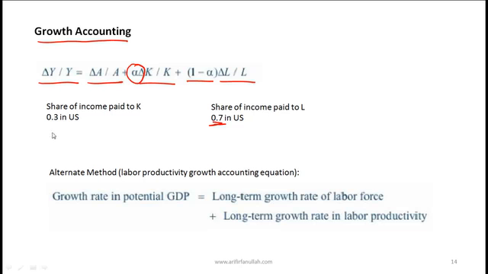So note that in a sense, alpha is also like elasticity. And what I mean is, imagine that only your capital changes by 1% and technology and labor stay the same. What will be the impact on output? Given that alpha is 0.3 in the US, a 1% change in capital will result in a 0.3% change in output.